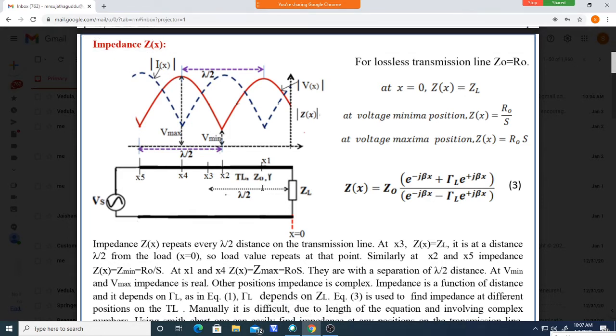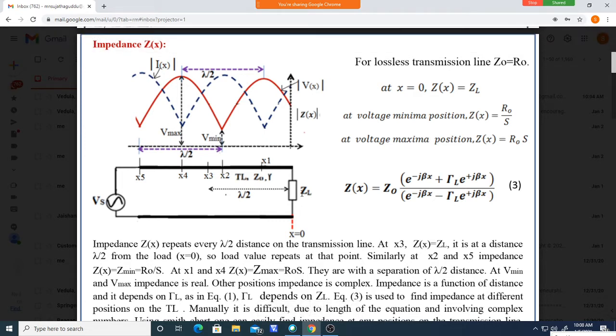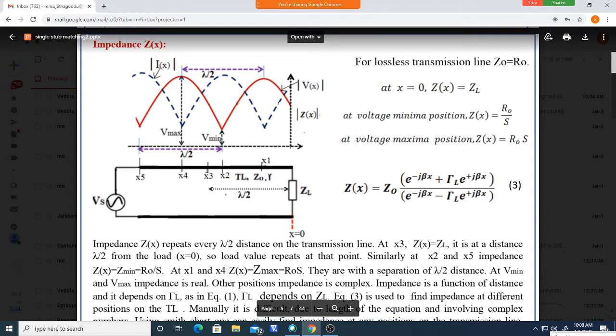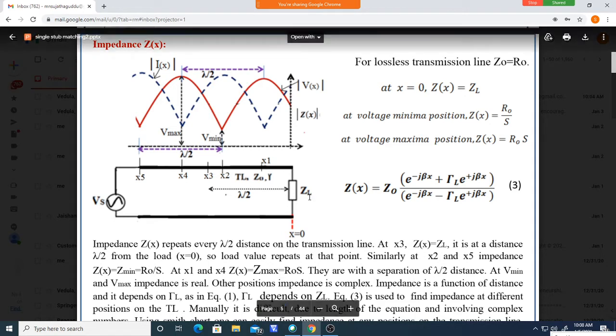As you move like this, impedance changes, and the same value ZL repeats at lambda by 2 distance. Actually, we have not connected any load here, that is correct. But because of the property of transmission lines, as we move a distance of lambda by 2, if we measure impedance here, it is the same as the impedance ZL.